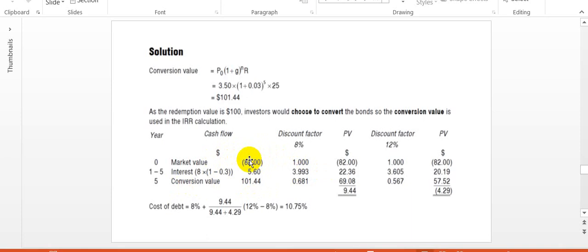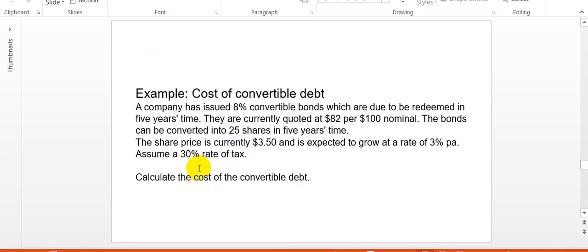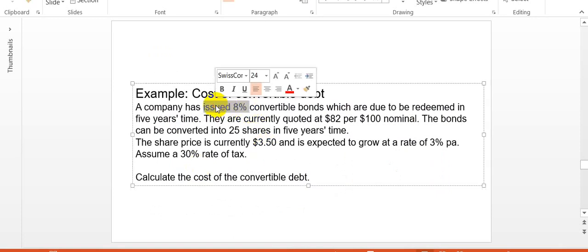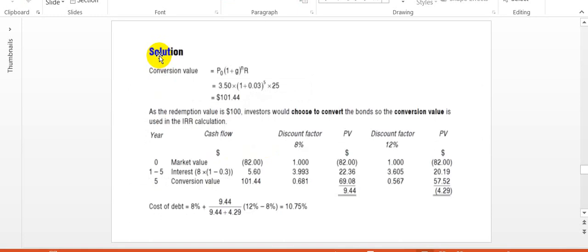The market value at the beginning of the year is discounted with discount factor 1. The interest of 8% is given there. You take out your tax, which gives you 5.6.